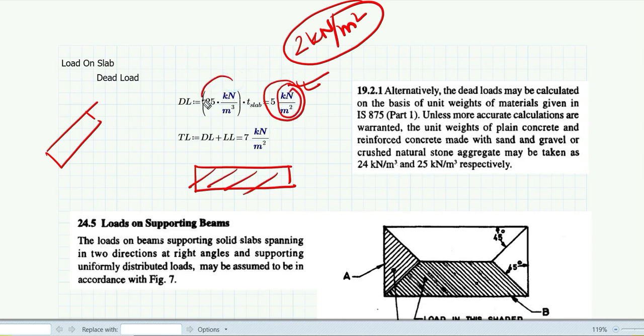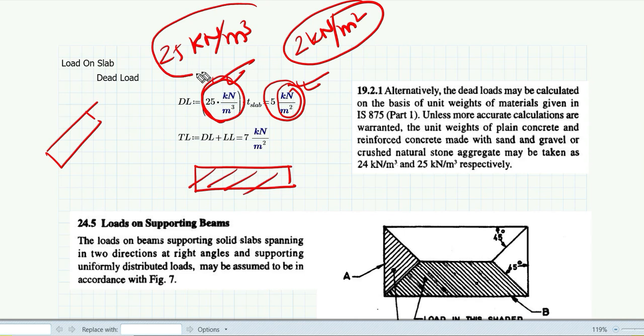So what is the unit weight of concrete? This is assumed to be 25 kilonewton per meter cube. This is the unit weight of concrete, which can be found in clause 19.2.1 of IS 456.